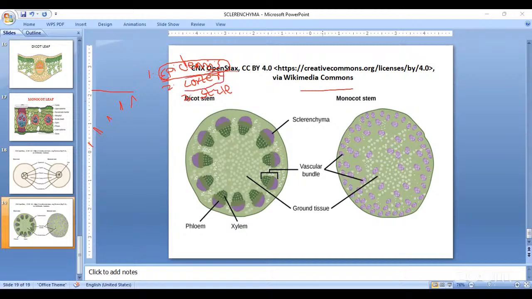Here the cortex is clearly distinguished into three regions: hypodermis, normal cortex, and the last one, which you already know, endodermis. First, let's complete dicot.